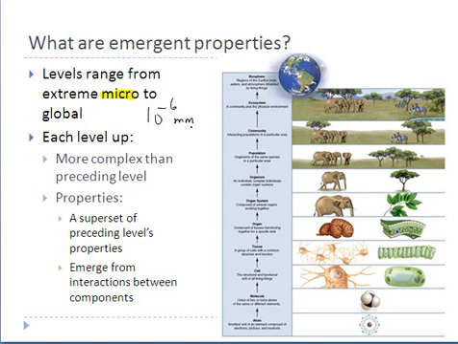Each level of this organization, from micro to a larger image, for example, as you can see over here, this is the structure of an atom, this is the molecule, this is our simplest cell, and if you can see up here, we've got the elephant, and then we have the world over here. So at each level, there is more complexity as evolution went on.